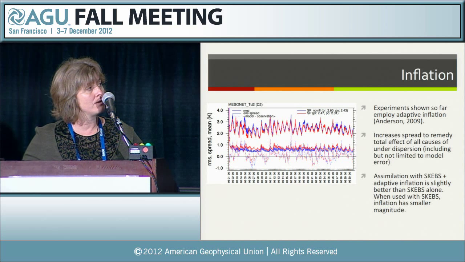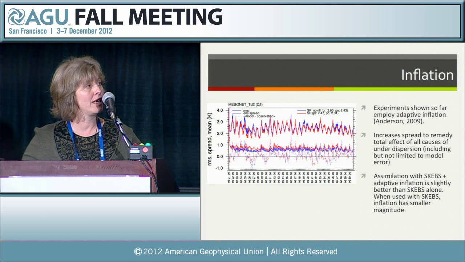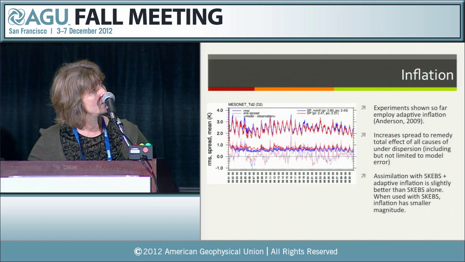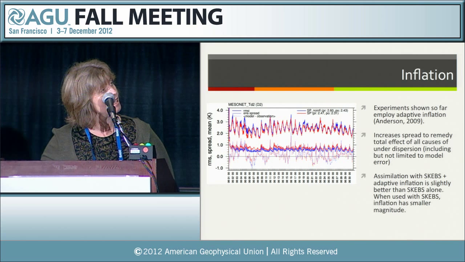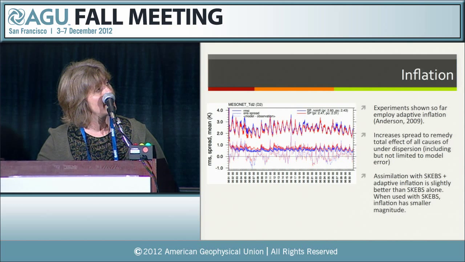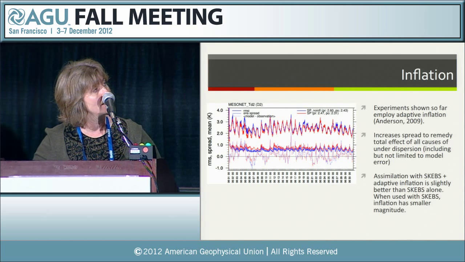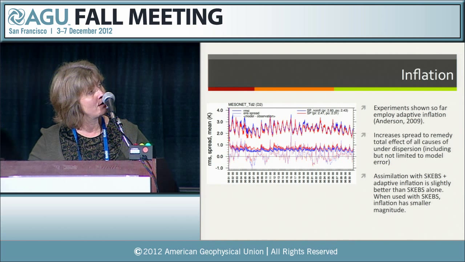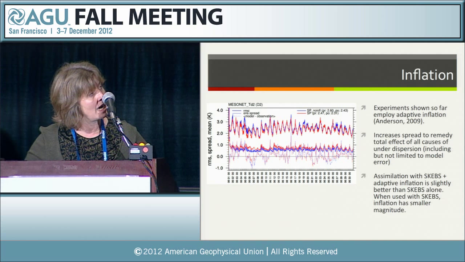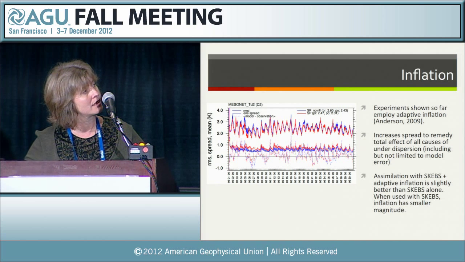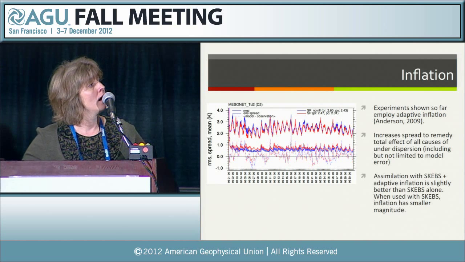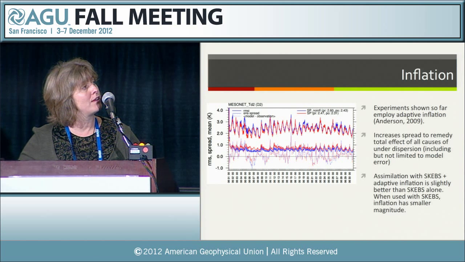The assimilation with SCAPs and adaptive inflation is slightly better than SCAPs alone. This is shown here. So here we see that the SCAPs without inflation is shown in blue and with inflation in red. And this is RMS error, so the red line is slightly under the blue line. It makes the assimilation a bit better to have SCAPs and inflation. And we can see this reflected in the spread.